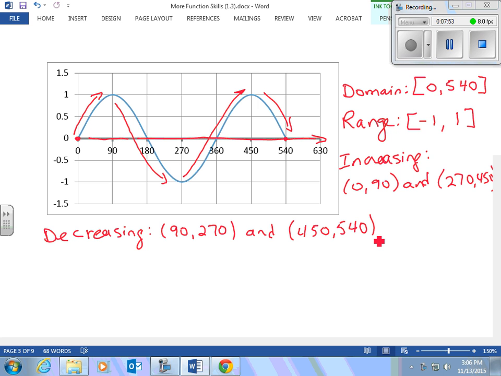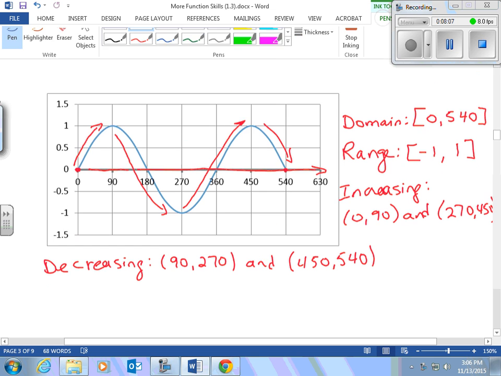Okay, now if we look, we can see that we've got a couple of extrema, or relative minima and maxima. I'm just going to switch pen colors here if this will let me. Oh, there we go.